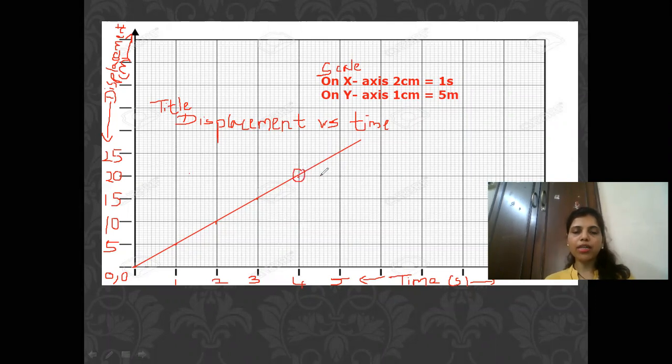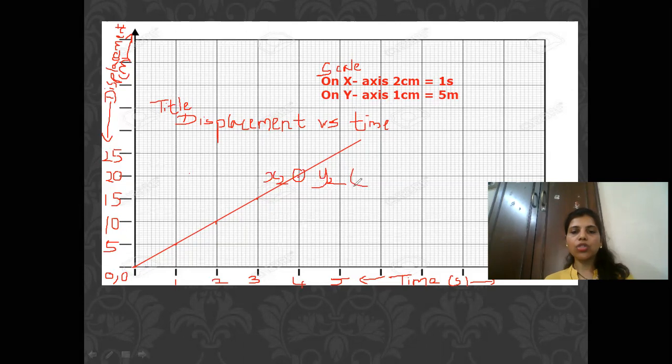So this is the final point, which means it is x2 and y2. Sorry, first I'll write x2 always and then y2. That has to come with a comma, children. And I'm writing the coordinates over here in the bracket.